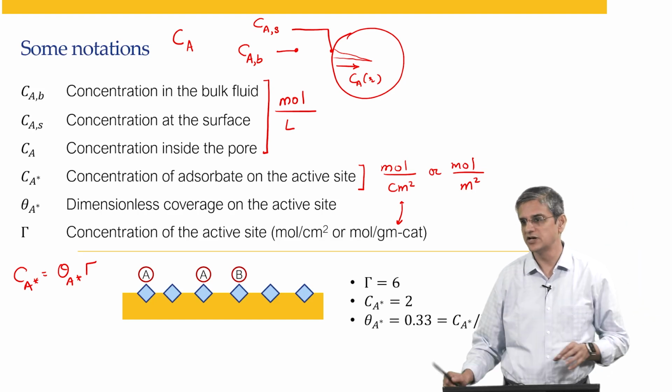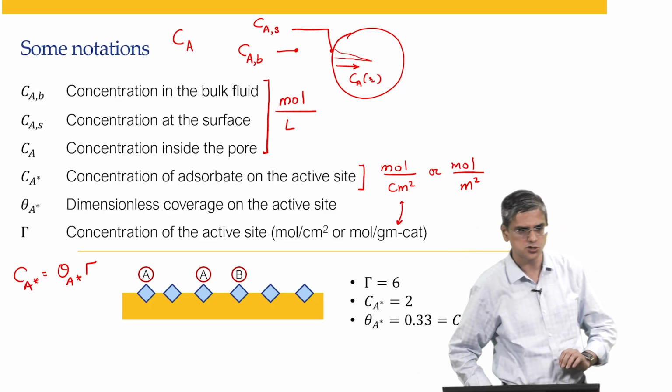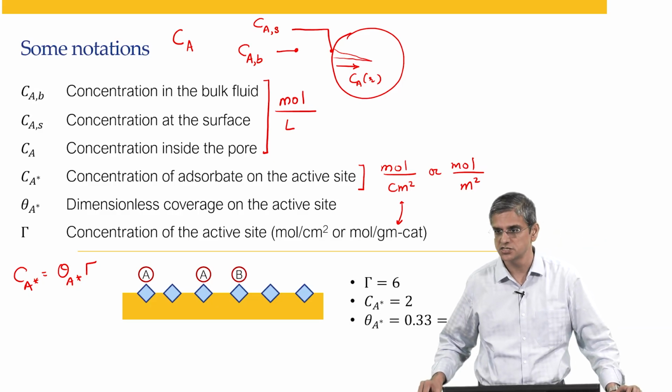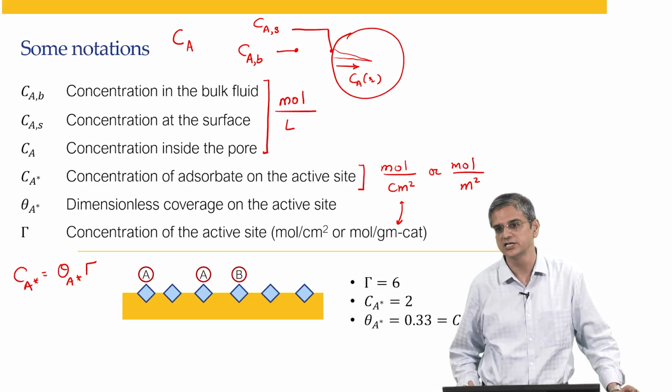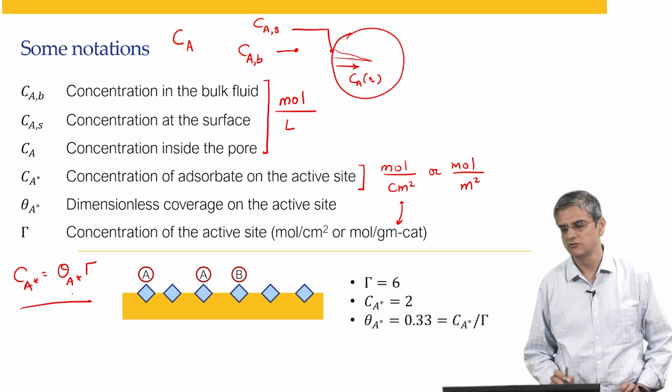There are several cases where a species occupies 2 sites. This particular equation is not valid under those conditions. So, in your research, if you come across those conditions, only then this particular thing is not valid. As far as this course is concerned, you can safely work with this equation.